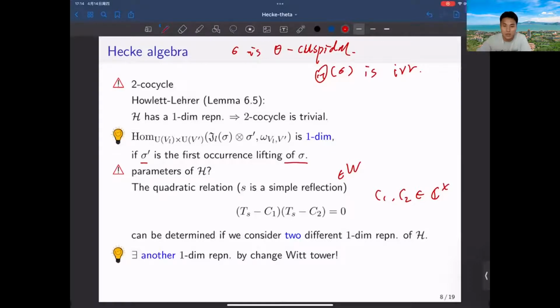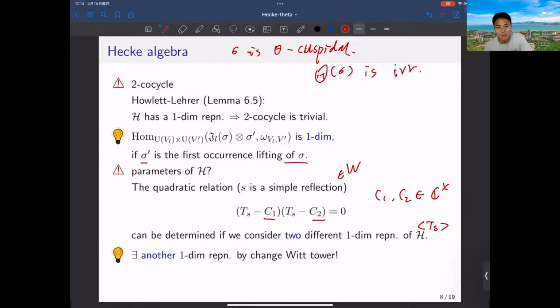So how do we determine these 2 numbers? One method: if you have 2 different 1-dimensional representations of the algebra generated by T_S, or of course of the Hecke algebra itself, we can more or less determine these 2 numbers.